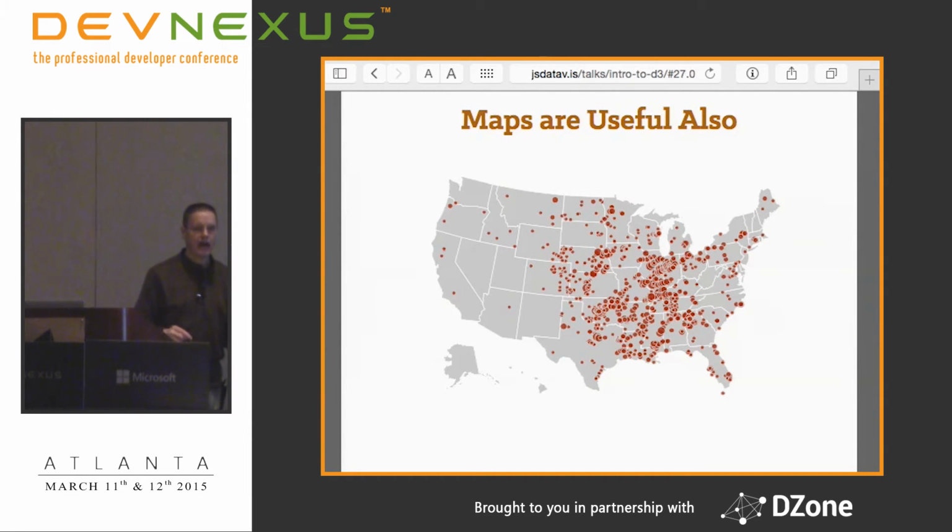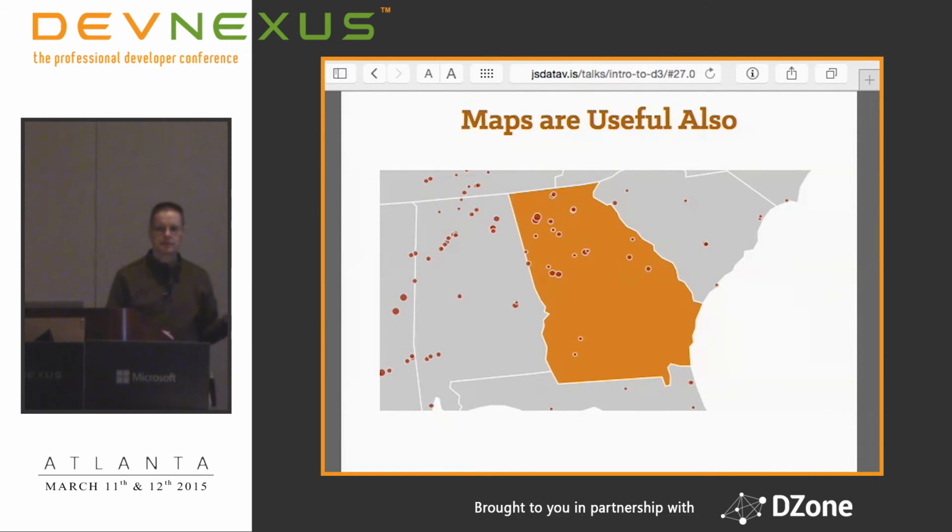Now, one of the nice things you have when you have vector-based maps is you've got really good scalability. You don't have to worry about zooming in and your images looking blurry. And we can take advantage of that, as well as D3's interaction handling, and set it up so that if you click on any state, D3 will zoom to that state, and in this case, color it. And if you look at the map afterwards, you can go play with it.